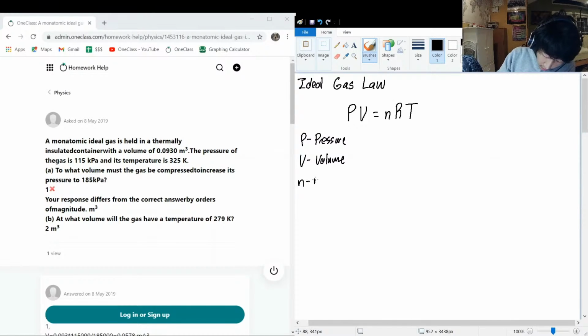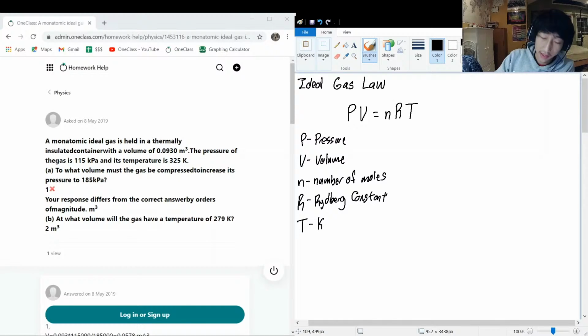N is number of moles. R is the gas constant. And T is temperature in Kelvin.